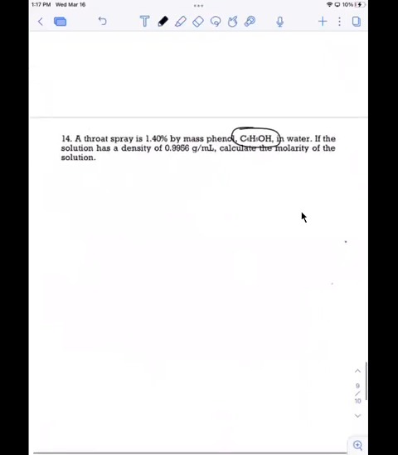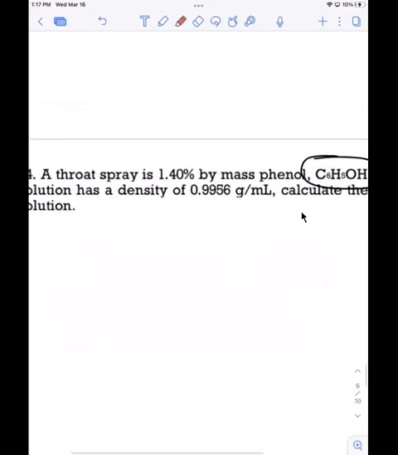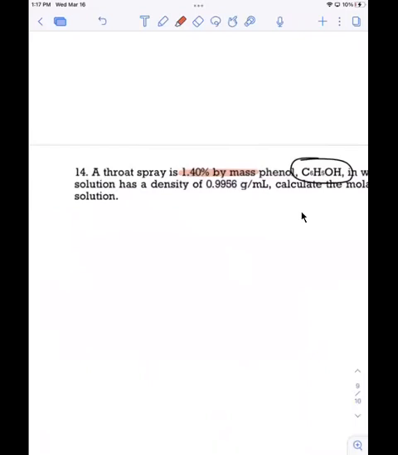And it says if the solution has a density of 0.9956 grams per milliliter, calculate the molarity of the solution. All right. So this is another type of concentration, but it is dealing with percent by mass. So there are a couple of things we're going to need to solve this problem, right? So percent by mass, let's talk about that first.